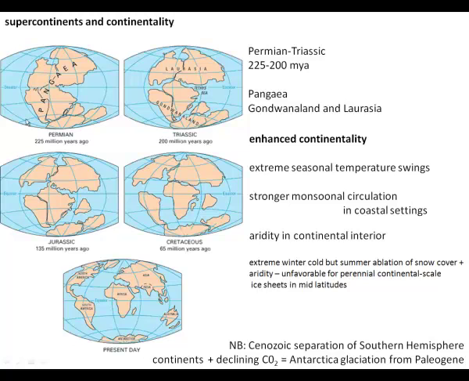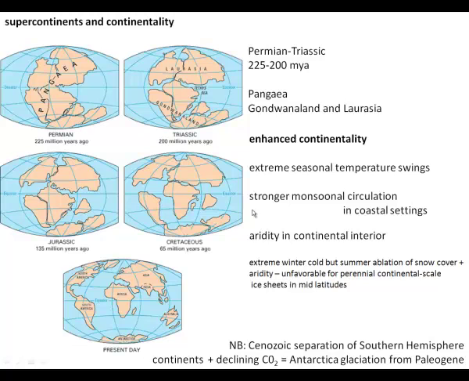One of the key things we see with the formation of these supercontinents is a phenomenon known as enhanced continentality. So, for example, while we will have strong monsoonal style circulation affecting coastal settings, the continental interiors are going to become extremely dry.